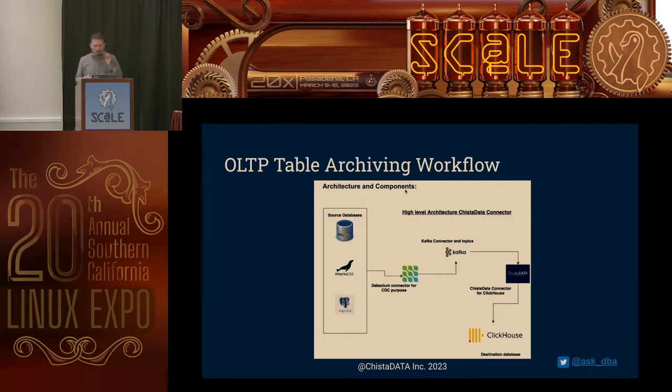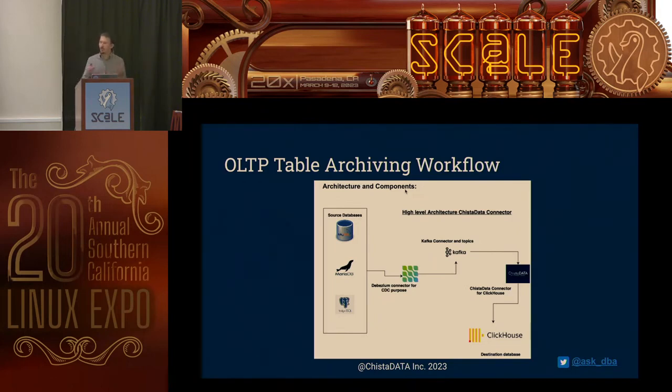So we have a source database. It could be MySQL or Postgres. And then there's a driver that attaches itself to these databases, called Debezium. Debezium is open source. And there's also Kafka; Apache Kafka is a very popular tool. We route the OLTP data source using the Debezium driver into Kafka.